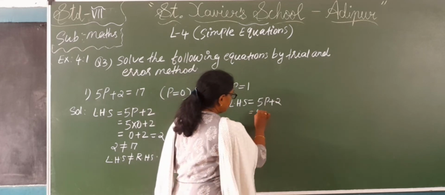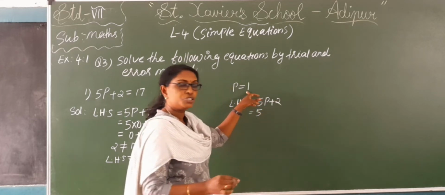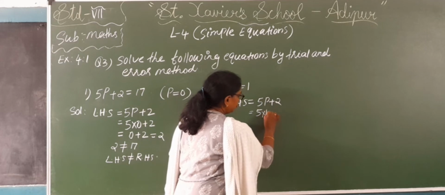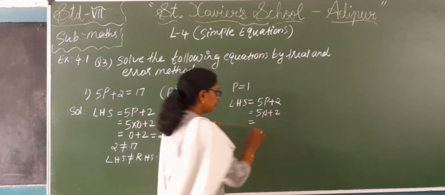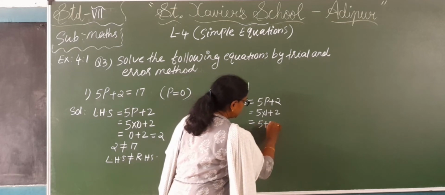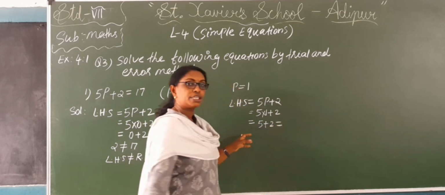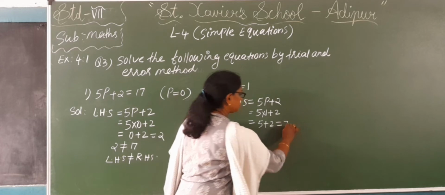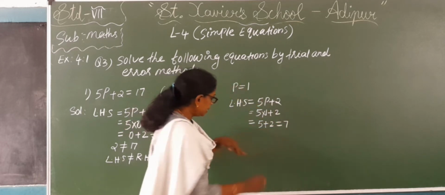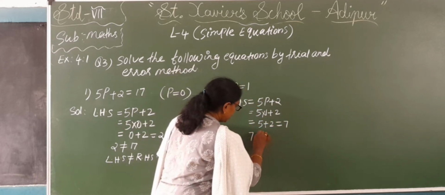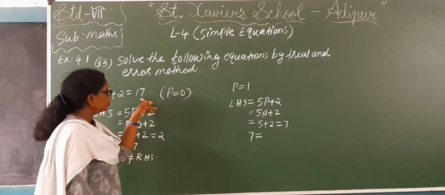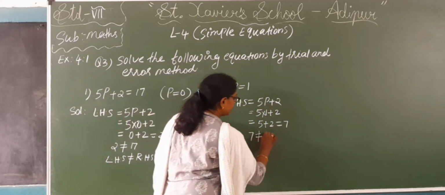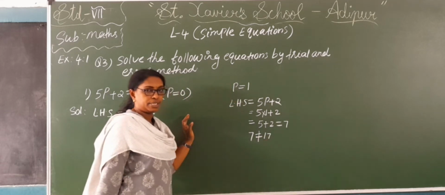P is equal to 1. 5 into 1 plus 2 is equal to 5 plus 2. 5 plus 2 is equal to 7. RHS is equal to 17. So 7 is not equal to 17.